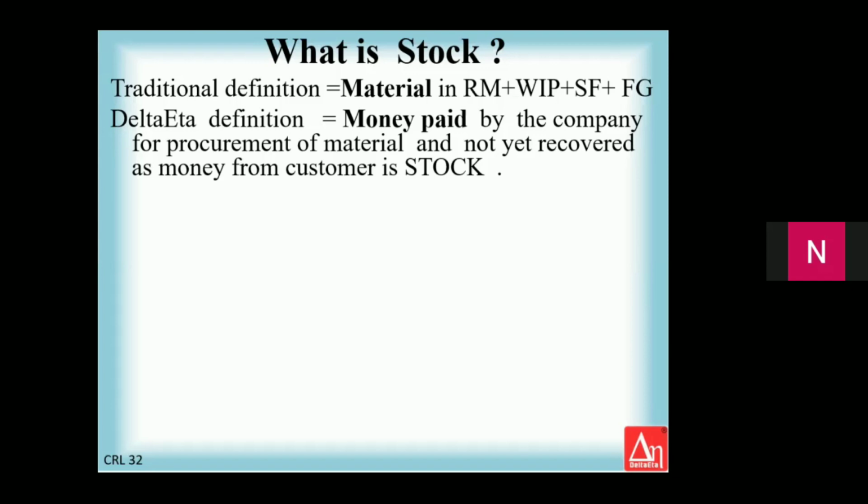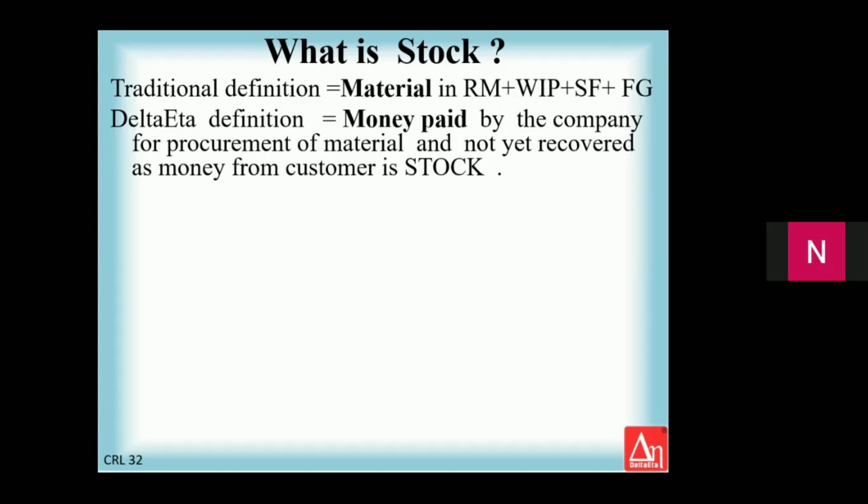Similarly, I would say for Delta Eta, my definition is money paid by the company for procurement of material and not yet recovered as money from customer. This is stock for Delta Eta or for me. So you pay advance to get some material, that is stock, that is money.